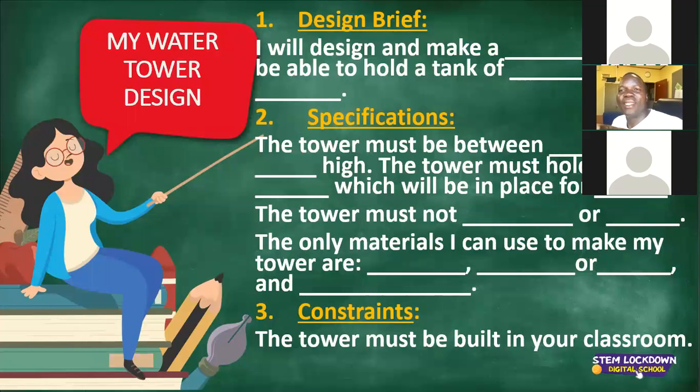Now, the only materials I can use to make my tower are those materials that I have indicated on the first slide. The only materials that I can use to make my tower are what, and what? Any person can answer this one.